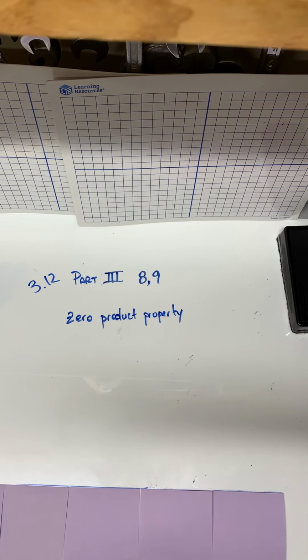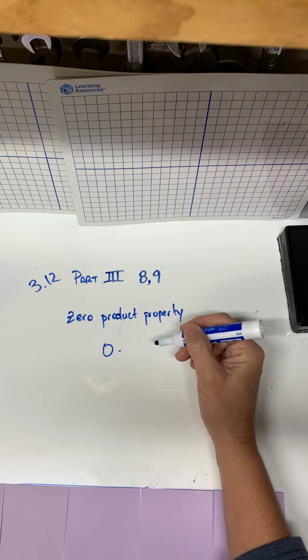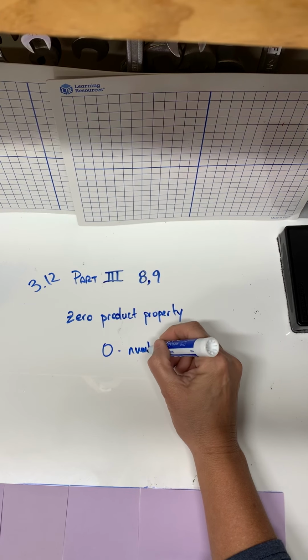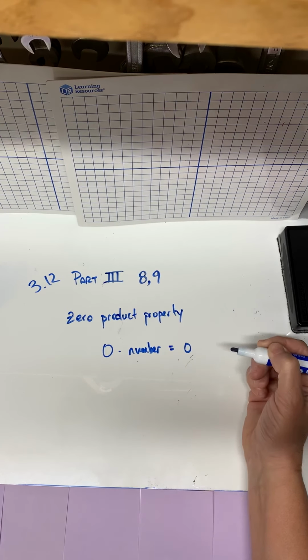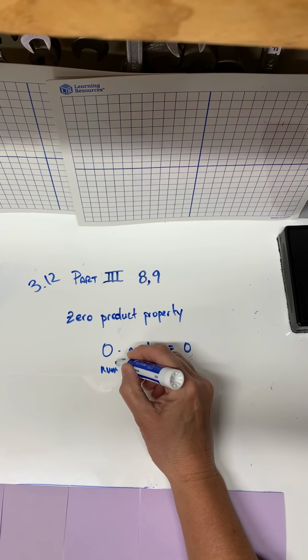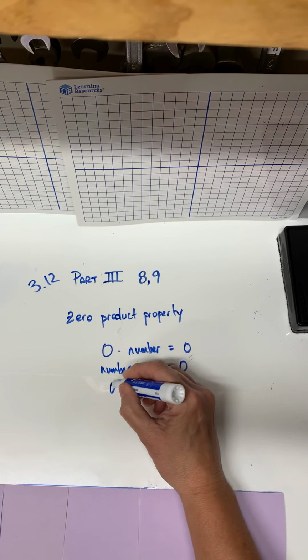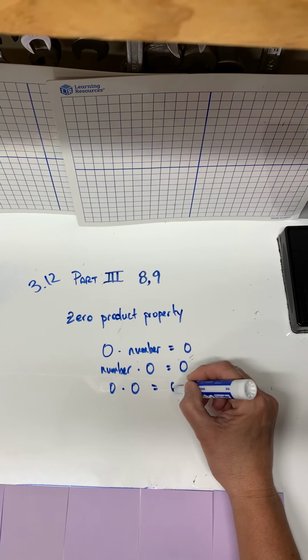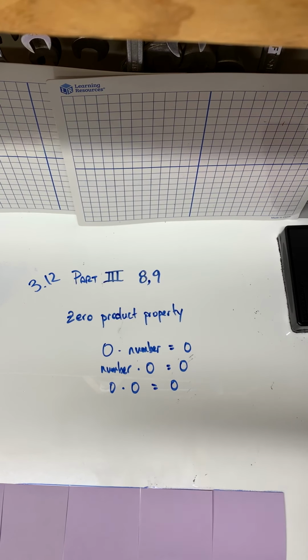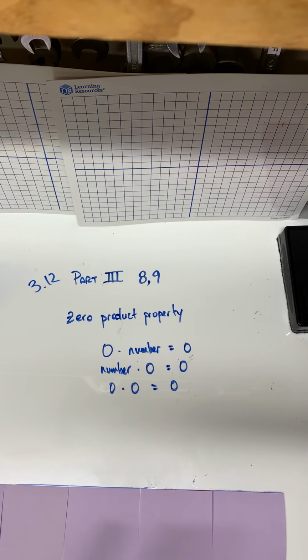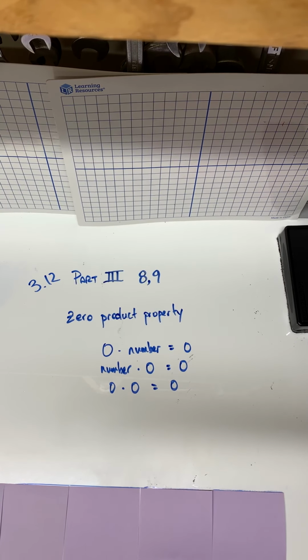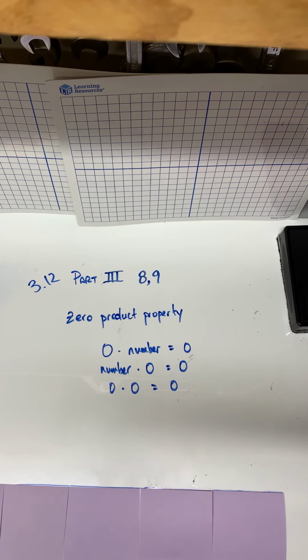So either my first number was 0, like 0 times some other number will give me 0, or some other number times 0 gives me 0, or maybe they were both 0. Okay? This is called the zero product property. If I know that the product of two numbers is 0, then it's guaranteed that either one or the other or both had to have been 0.